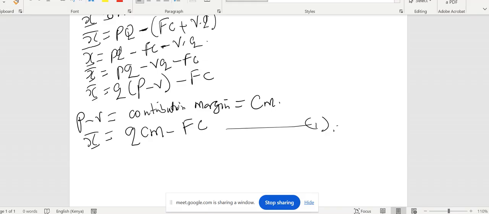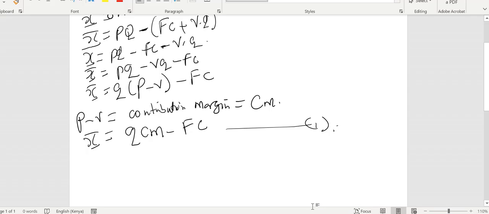I sold 1,000. So you multiply by Q. Q is the quantity times the contribution margin per unit minus fixed cost gives you the profit.